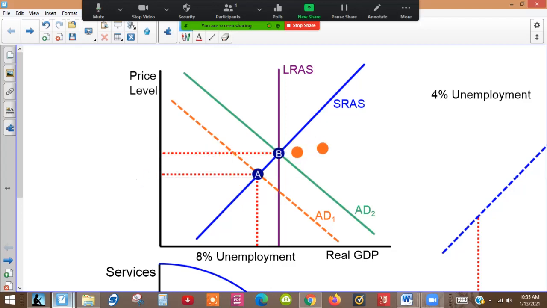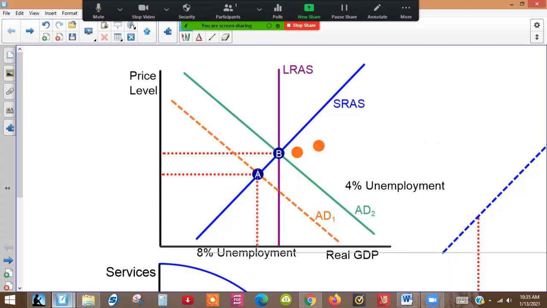Now, obviously, it's going to be very good for the workers who were unemployed here, but now are employed here, because we're saying that the economy is moving from 8% unemployment here to 4% unemployment here, which, in a large country, is a huge number of workers who are going to now be gainfully employed.